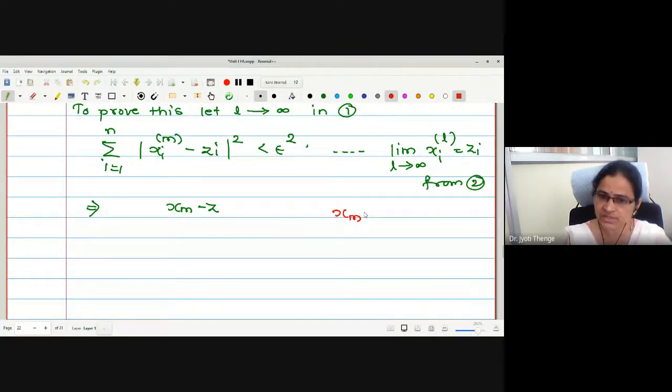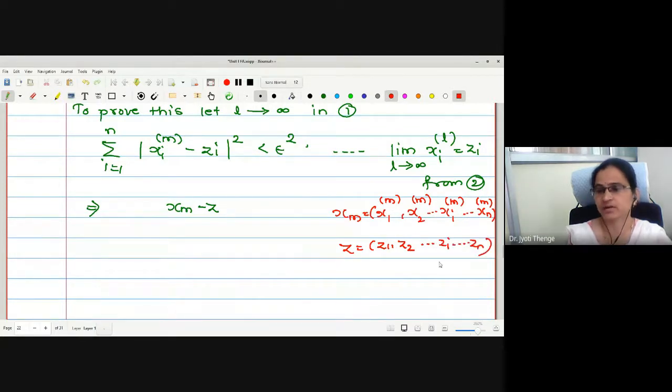How have we written xm? x1m, x2m, xim, xnm, right? How have we written z? z1, z2, zi, zn, right?